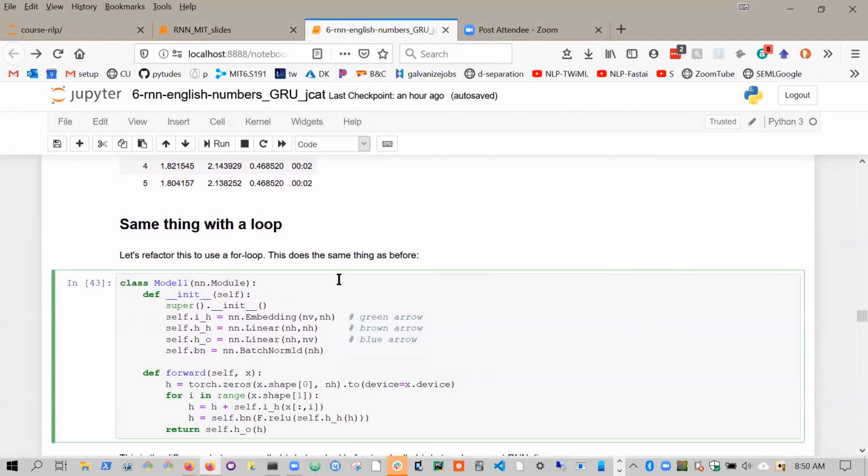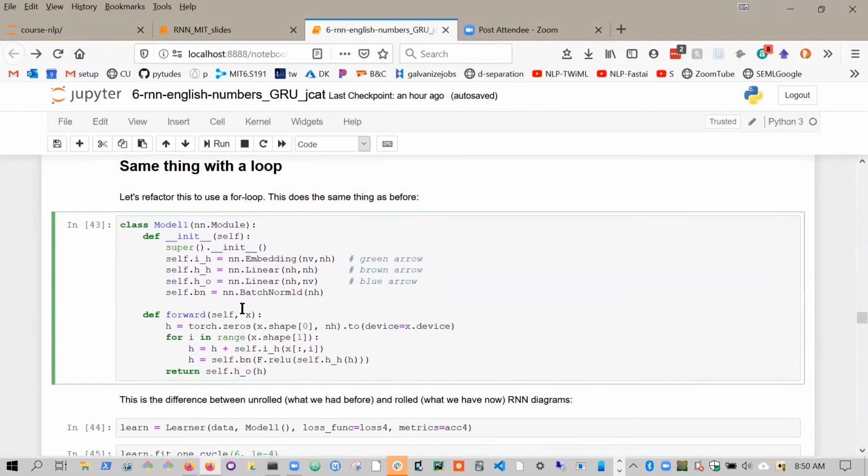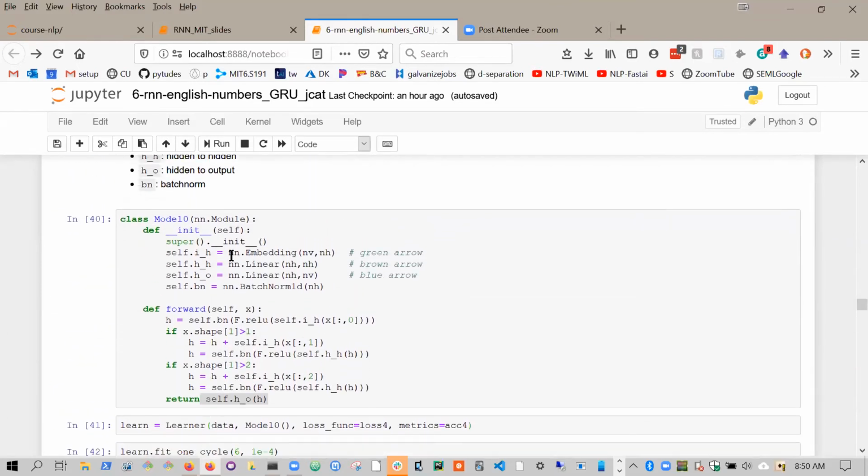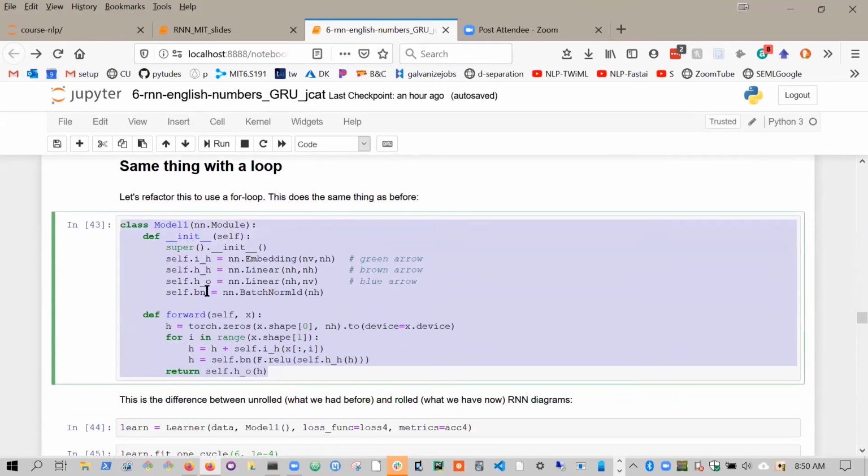Now he just refactors this thing. This should have been the starting point, really, because you don't do things in a brute force way like this. You want to make this general so that if you have 10 batches or 11 batches or 2 batches, it works the same way. And that's what he does too.